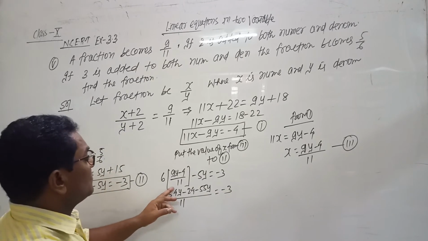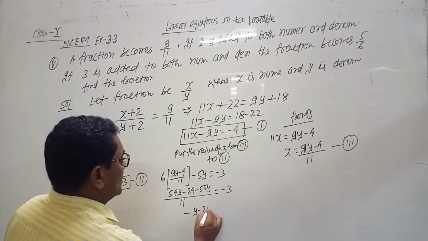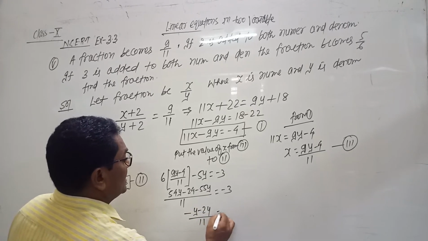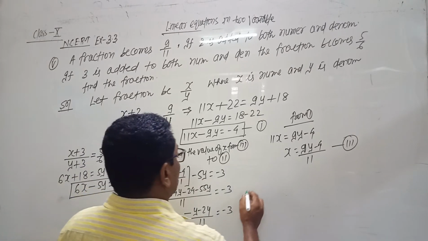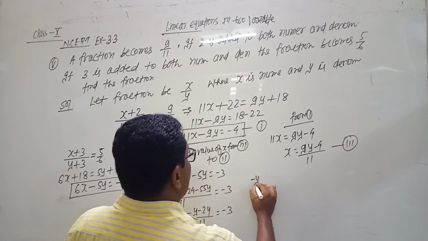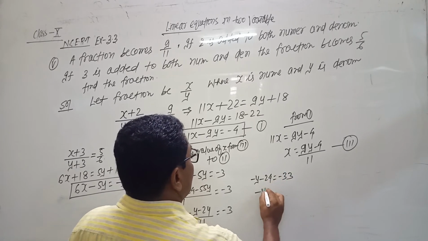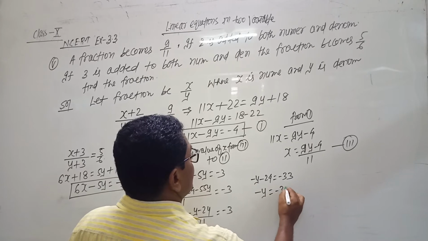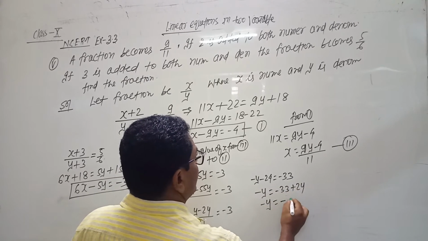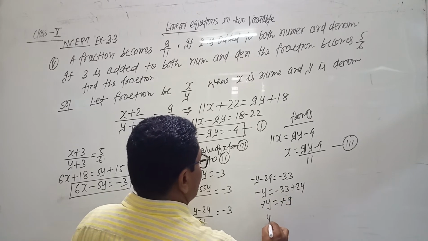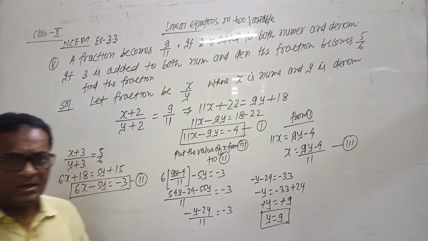So 54y minus 55y becomes minus y, minus 24 upon 11 equals minus 3. Then do cross multiplication. We get minus y minus 24 equals minus 33, and minus y equals minus 33 plus 24, so minus y equals minus 9. Minus and minus cancel, so we get the value of y as 9.